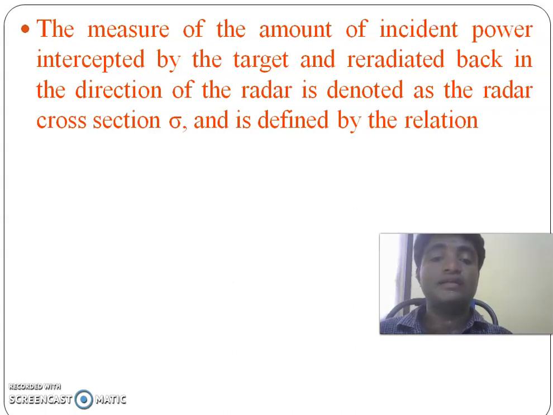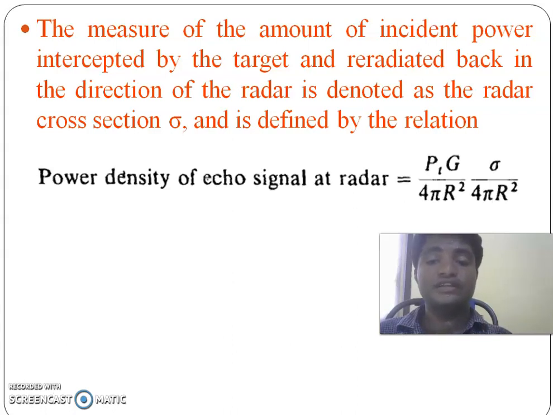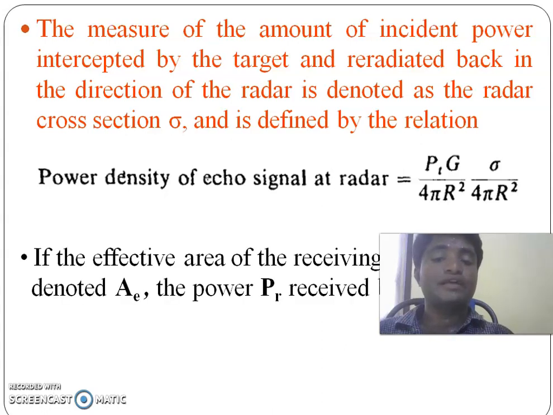The power density of the echo signal at the radar is given by PTG by 4 pi r square into sigma by 4 pi r square. If the effective area of the receiving antenna is AE, then received power PR is obtained by multiplying the power density with effective area.